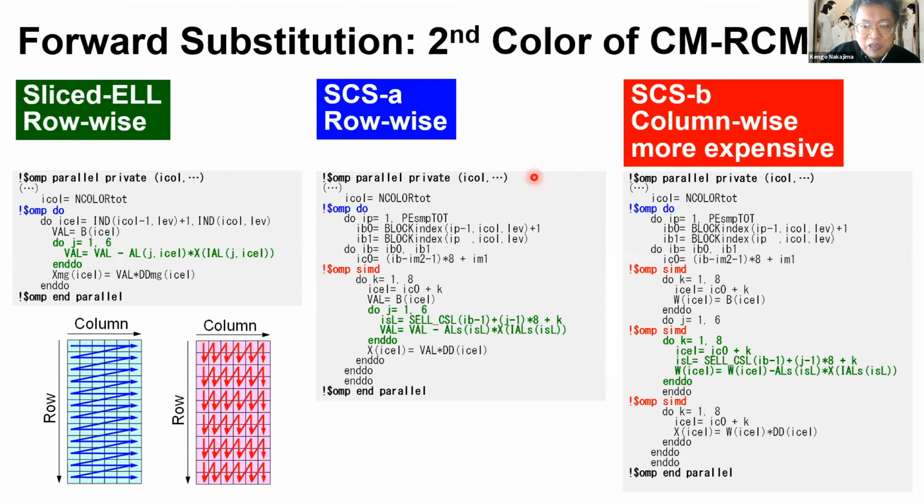If you compare SCS-A and SCS-B, this one is more expensive because we need some copies before and after the main computation. But generally speaking, it is more suitable for SIMD-type computation and more efficient.